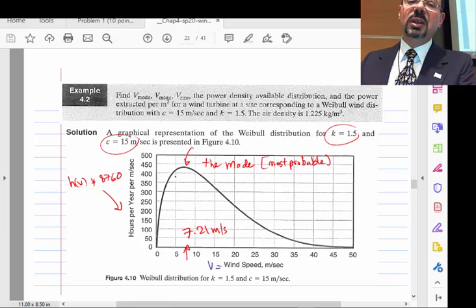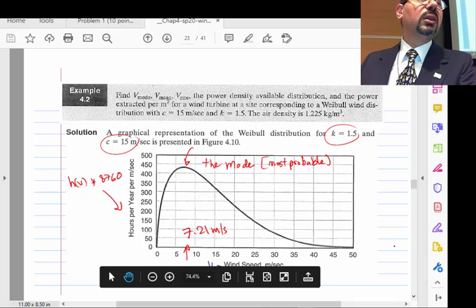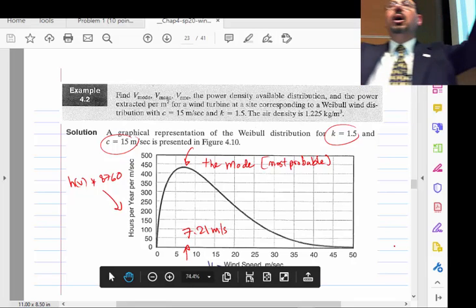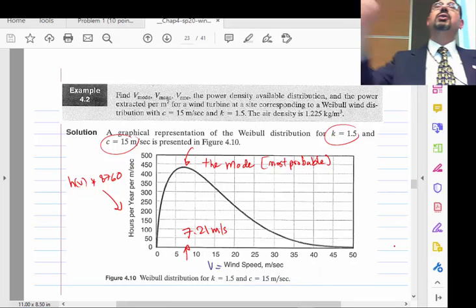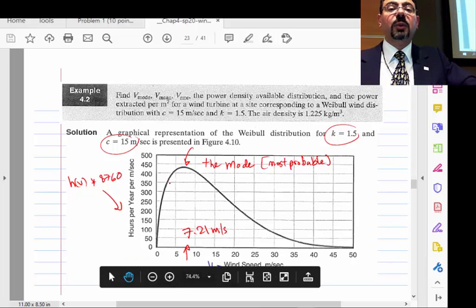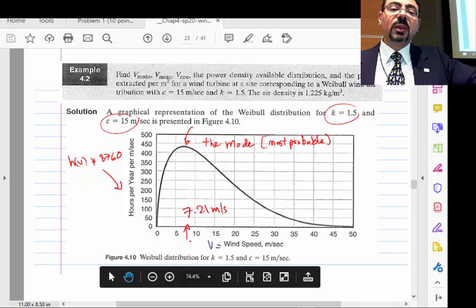So that's the mode. Some distribution, not wind energy, but some distribution will have two modes. We call them bimodal. So they go up and then go down and go up again. And you are tracking two different phenomena, for example. Okay? But anyway, that's the mode. And so he is plotting the distribution.